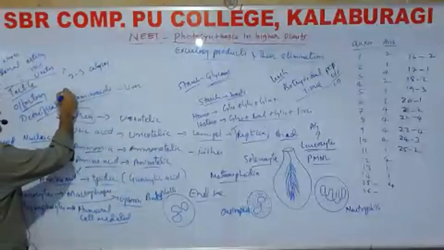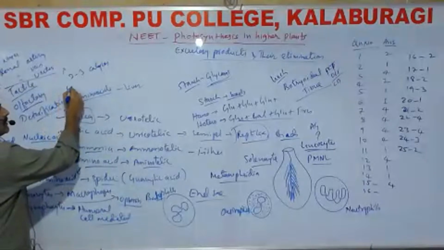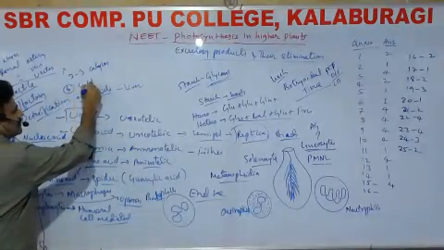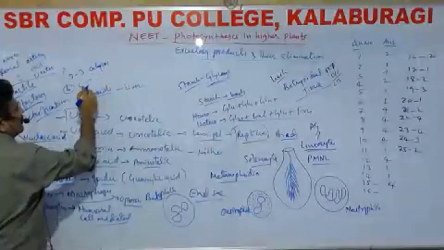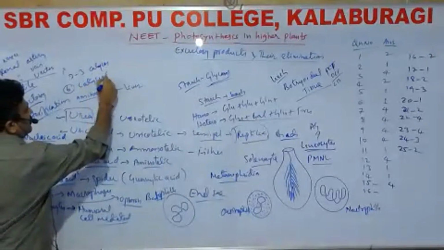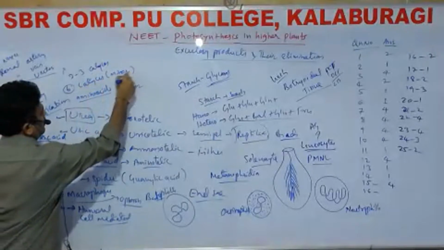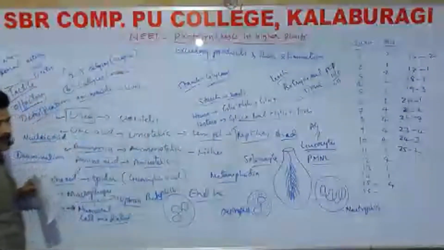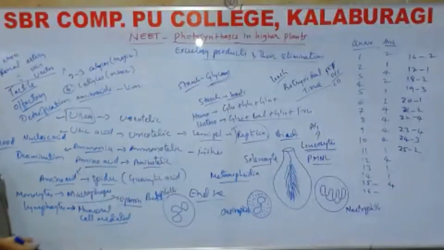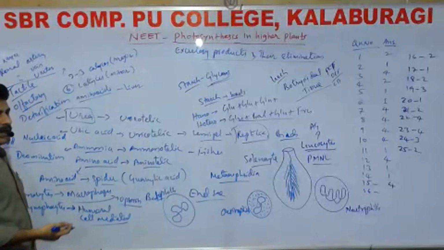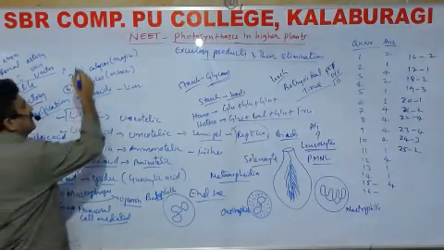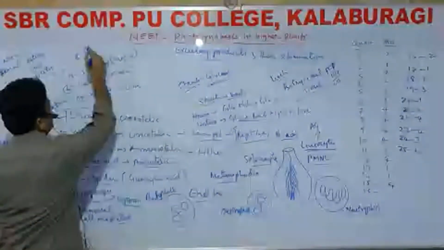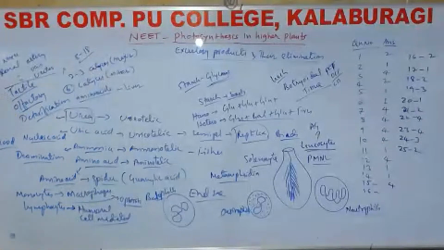Each major calyx leads to a minimum of 6 minor calyces. The total number of calyces in each kidney varies from 8 to 18 in number.